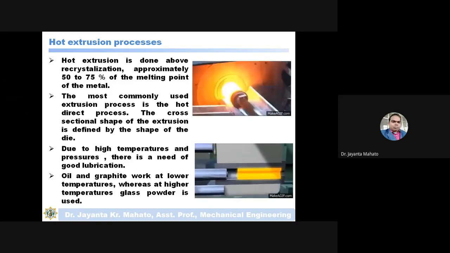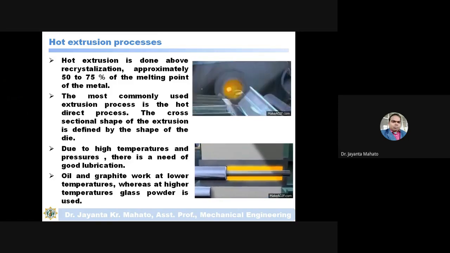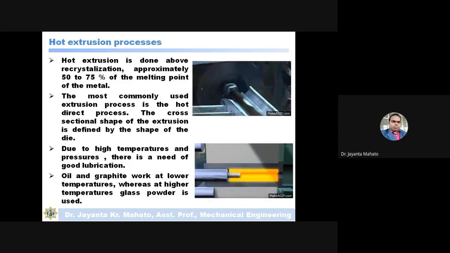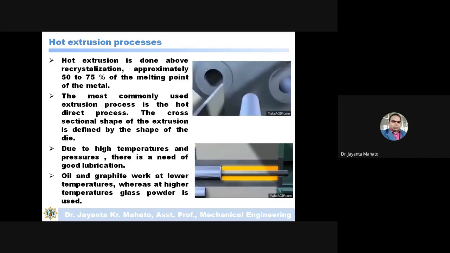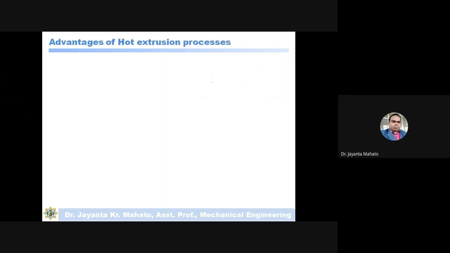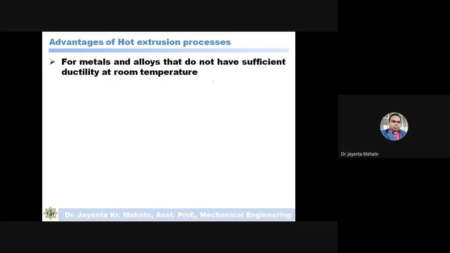And in this case the lubrication is easier.